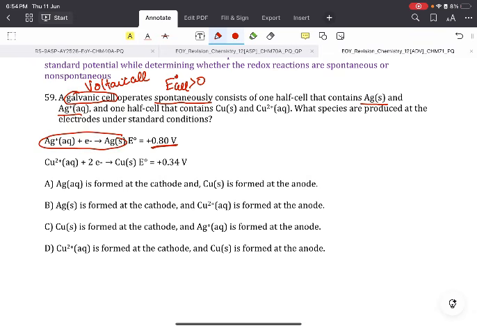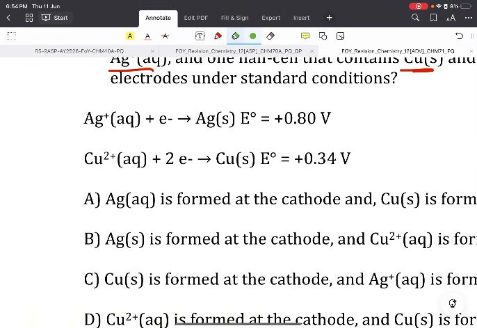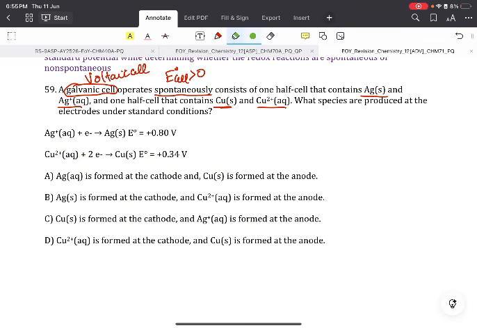Here we go. Here's the voltage. And another half containing copper solid and copper ion. Usually, the equations are provided to you in the exam, but both of them are written in form of reduction. It's up to you to keep one reduction, and you're gonna know which one I must flip into oxidation.